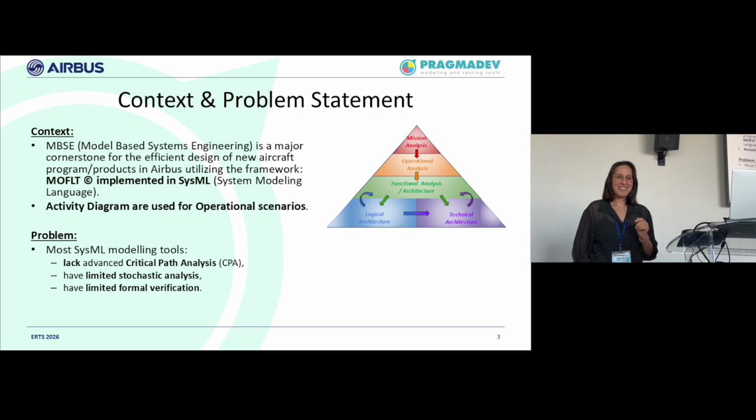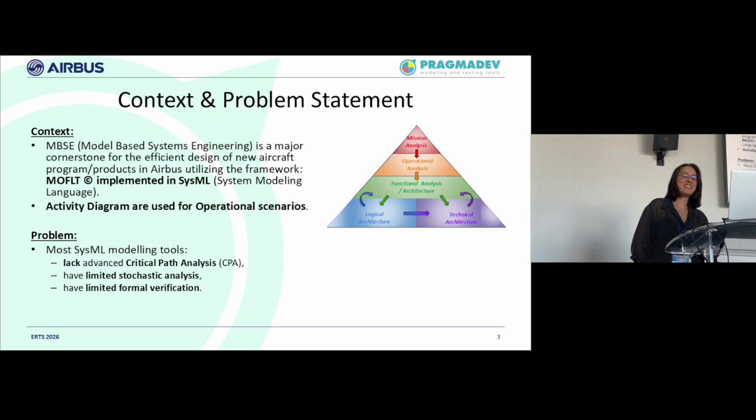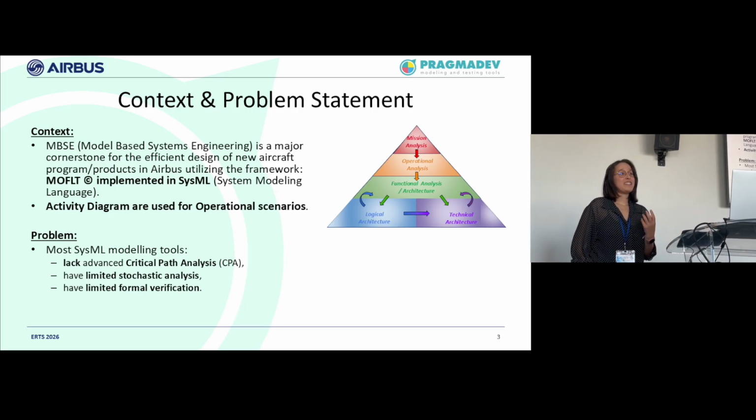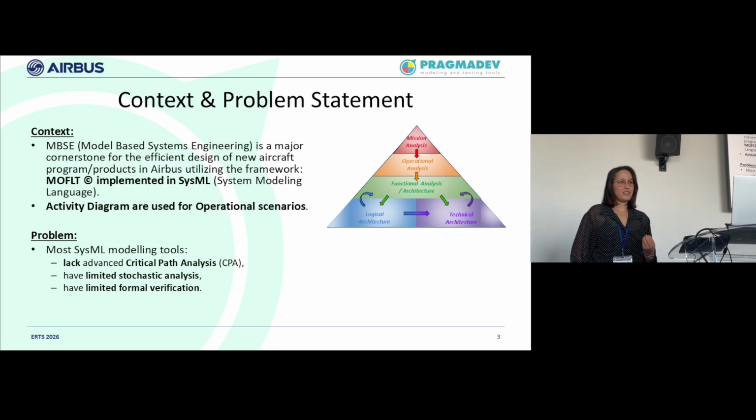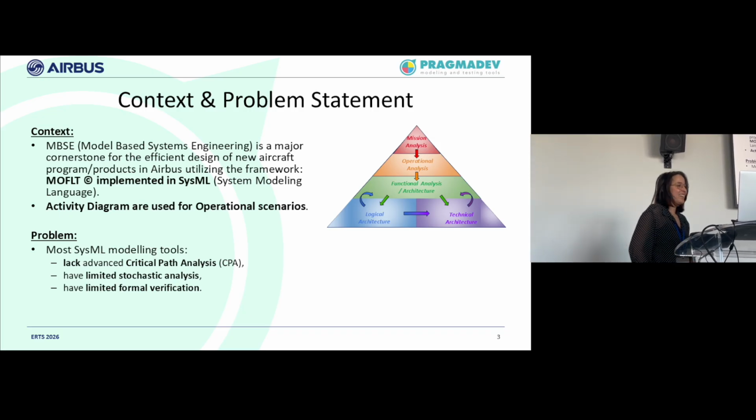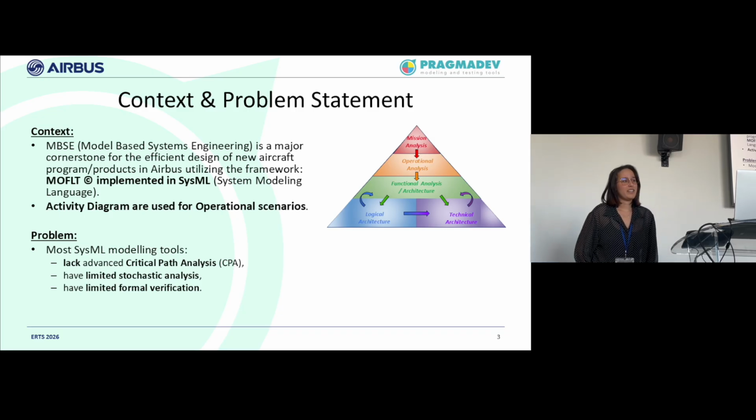Some issues with this kind of environment is they're using SysML modeling, which is great for depicting the operational scenarios, for depicting the architecture of the aircraft, but they lack advanced critical path analysis, which is important for the turnaround optimization.